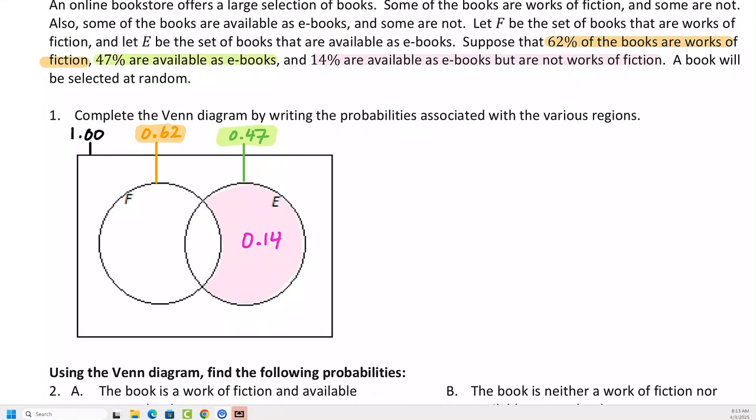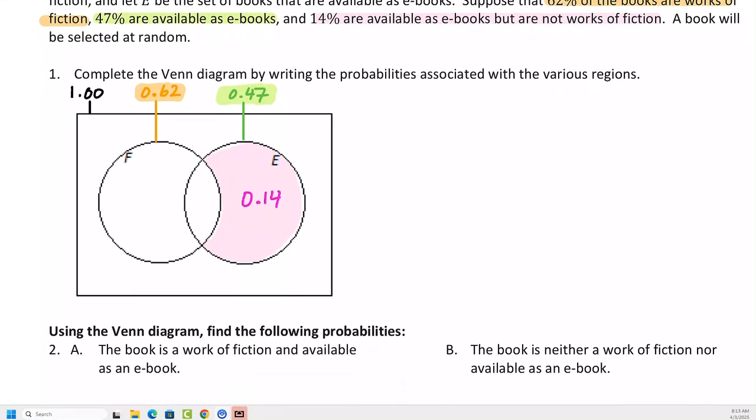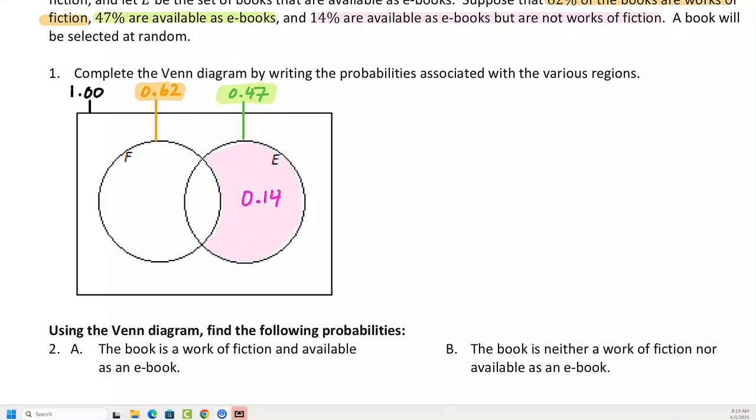So if I want to complete the Venn diagram based off that information, the first thing that's easiest to figure out is this middle section, because we have the whole circle of E and we have the partial, so we can subtract those. That would be 0.40 subtract 0.14, and that gives me 0.26.